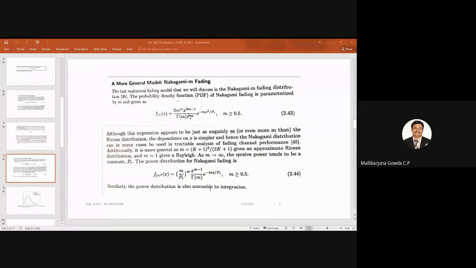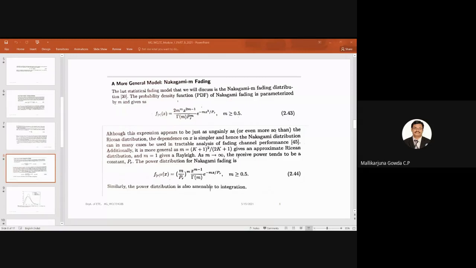The probability density function f of magnitude r at x is equal to 2 into m power m x power 2m minus 1 divided by the remaining terms. This is for magnitude, and this is for power. The power distribution for Nakagami fading is m by Pr to the power of m. Here everything is to the power of m.